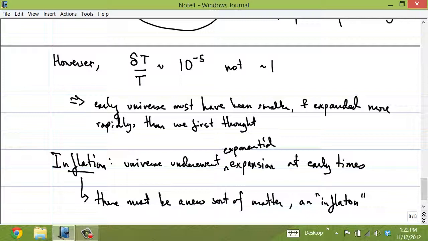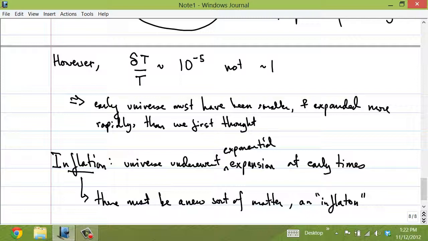So people invented this new sort of matter. This matter has never been seen, so the prediction is that there's a new type of particle, or if you want to think about it, this inflaton is conjectured to be a sort of fluid that filled the universe at very early times and made it want to expand exponentially. And right now, the only evidence that we have for inflation comes from cosmology.